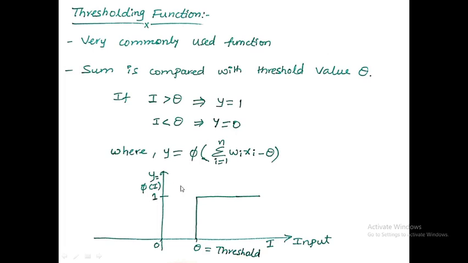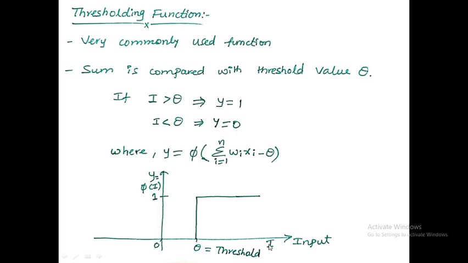The representation of the threshold function is as follows. This diagram indicates the threshold function, what we have given in numbers or with values here. On the y-axis we take the output y is equal to phi of I, the weighted sum, and the input to the activation function is nothing but the weighted sum.